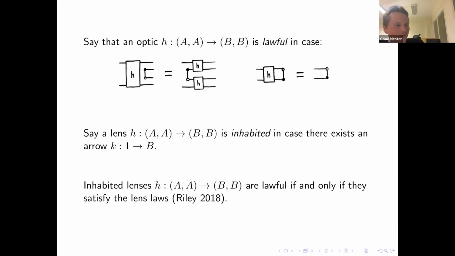But the remarkable thing is, after another definition, something that is equivalent to the lens laws: we'll say that an optic, a thing H like this one, in any monoidal category is lawful in case it satisfies these two equations.